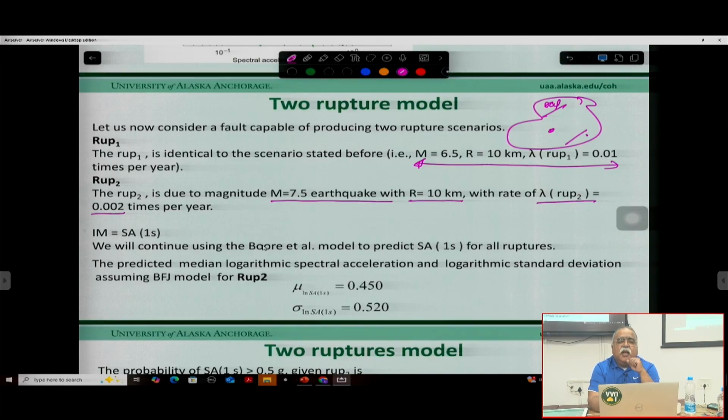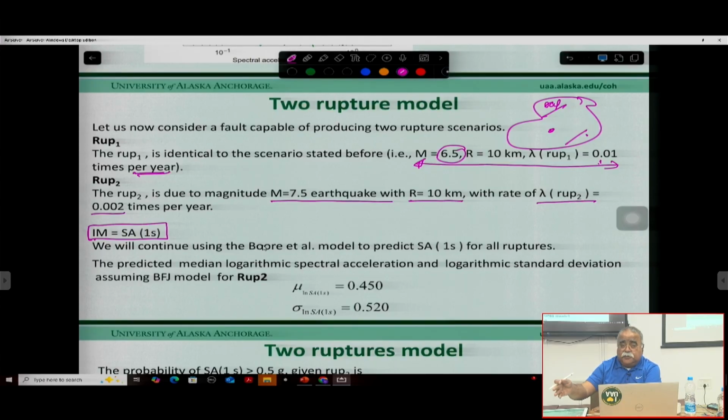Because it's a high magnitude, its per year occurrence will be much smaller than for a relatively small magnitude earthquake. So the lambda value will be much less, right? Let's say our intensity measure is 1 second, so that will be fine.